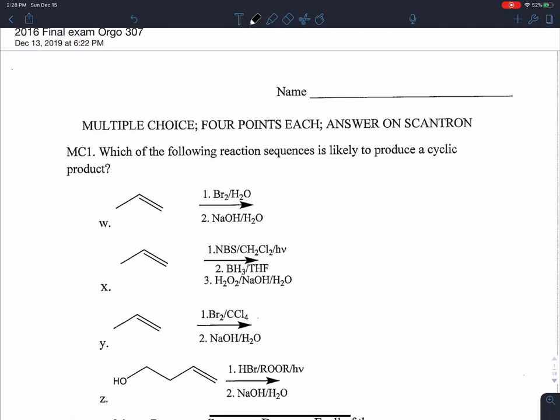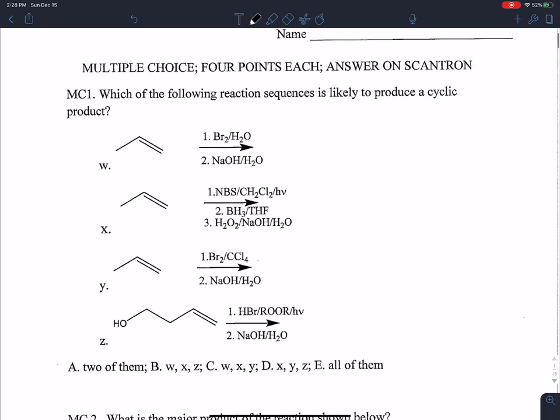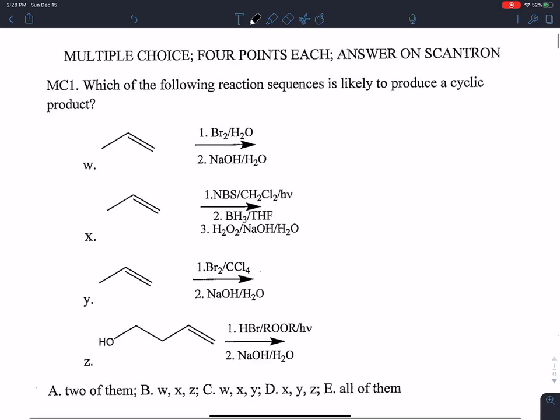We're going to start with the first question, which is, which of the following reaction sequences is likely to produce a cyclic product? If we do the first one, I know the first part is Br2 and water. That adds a Br on the less substituted side and an OH on the more substituted side.